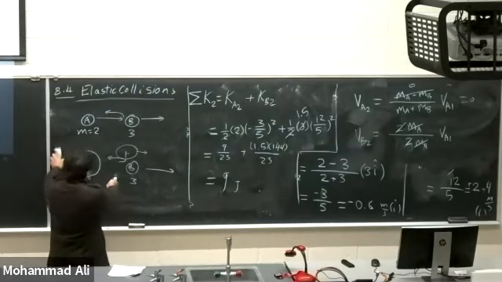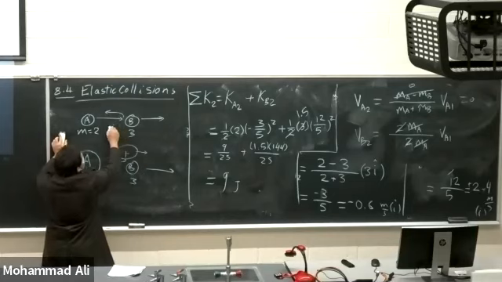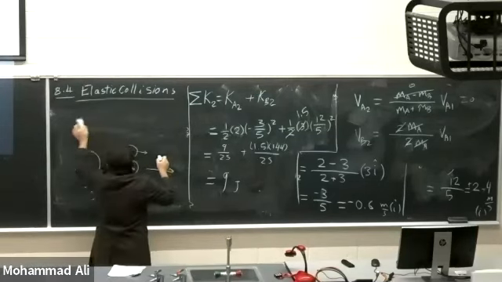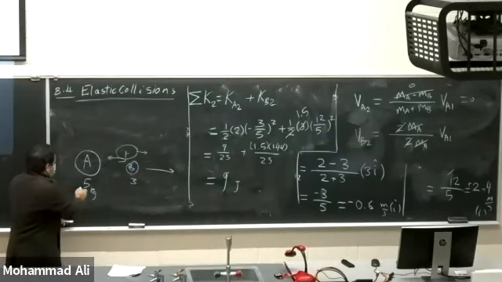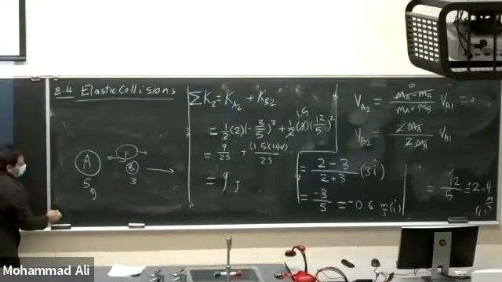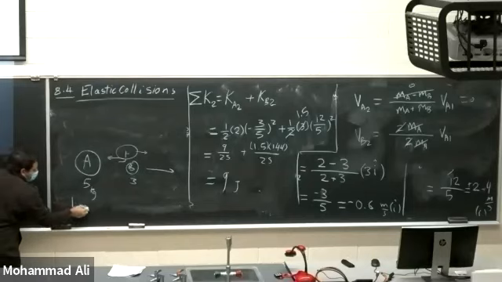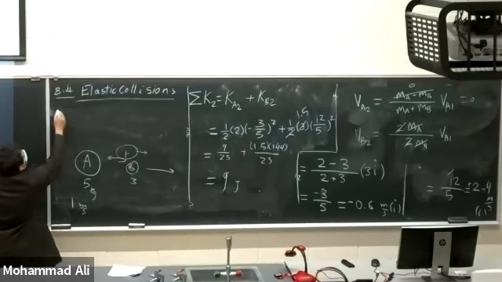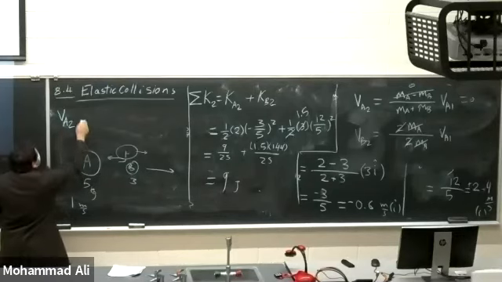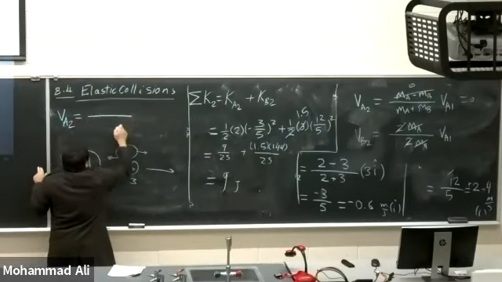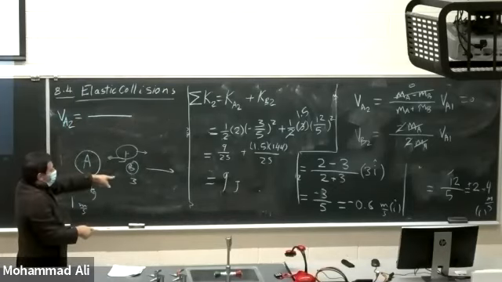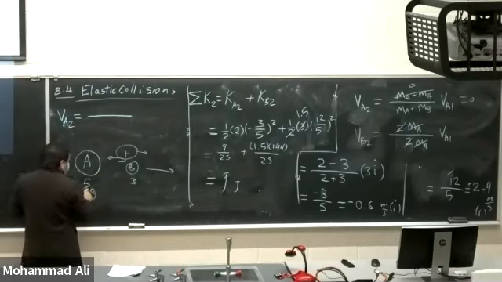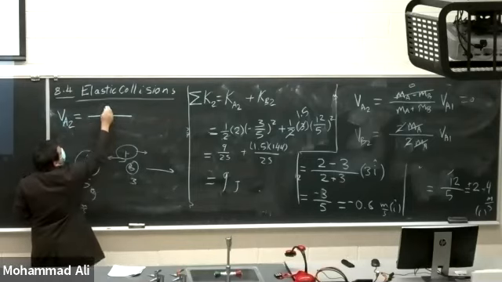Okay, let us do this example. We did this, and we see that the object A reflects to the opposite side. Now, let us give A velocity 1 meter per second. So the velocity of A after is equal to MA minus MB, which is 5 minus 3.